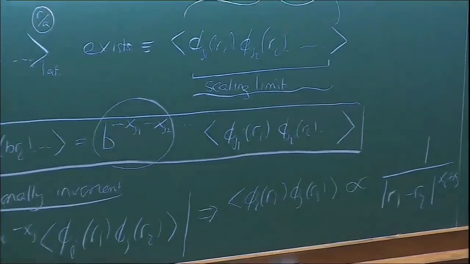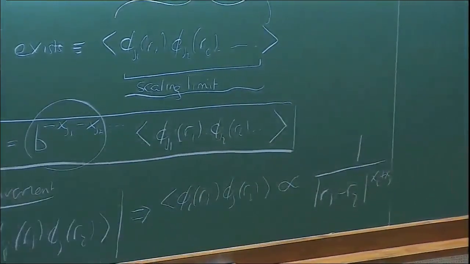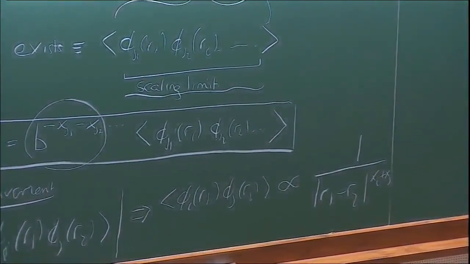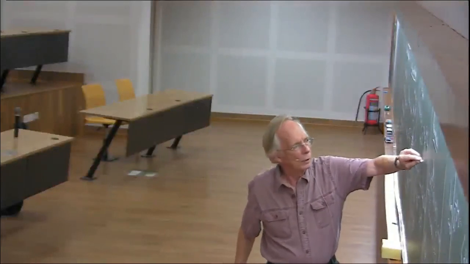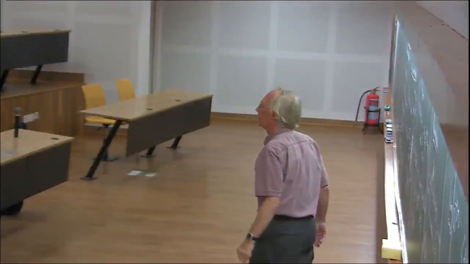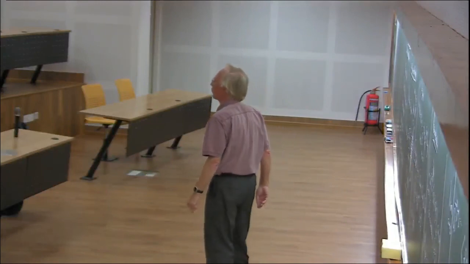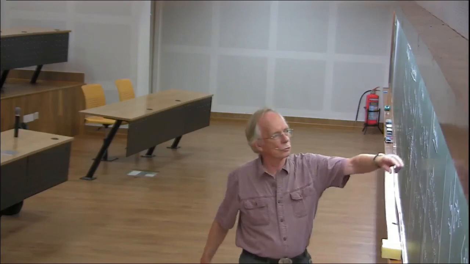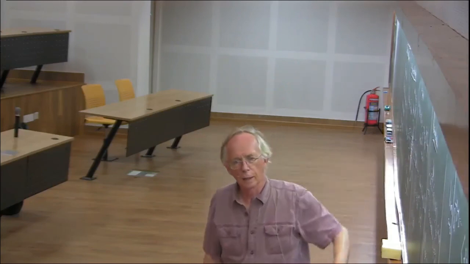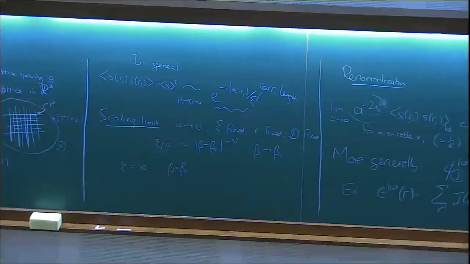So it tells you that two-point functions decay as a power at the critical point. I said way back that away from the critical point, in general, things decay exponentially, but at the critical point the correlation length is infinite, and this exponential decay is replaced by a power law.